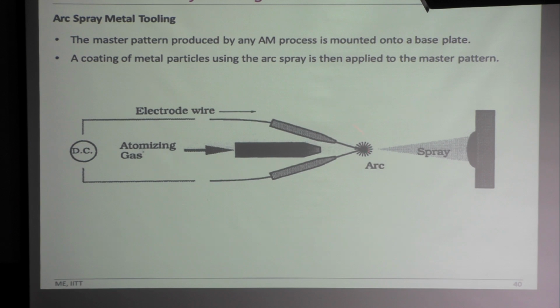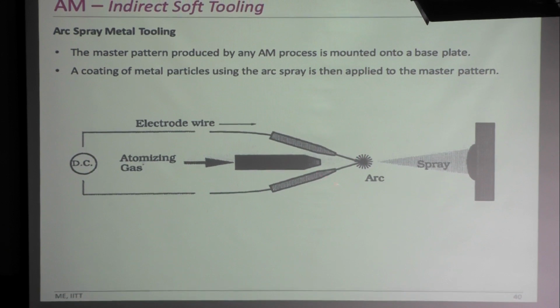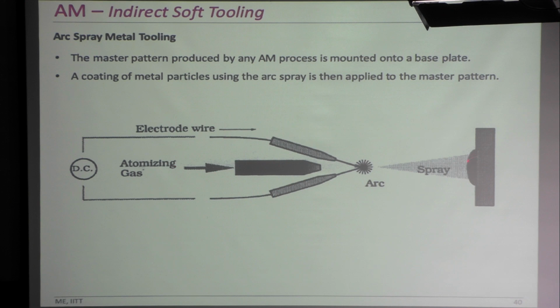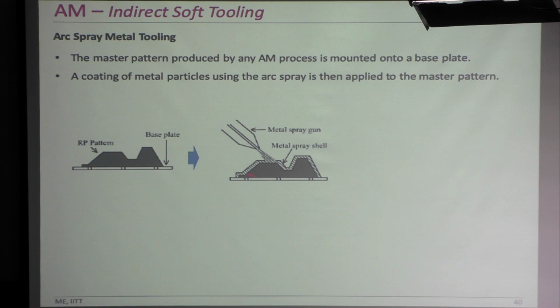By metal spraying. These are the two consumable electrodes. An arc is formed at the junction. As a result, metal is melted, and this molten metal is sprayed with the help of high pressure gas over the surface of the master pattern.